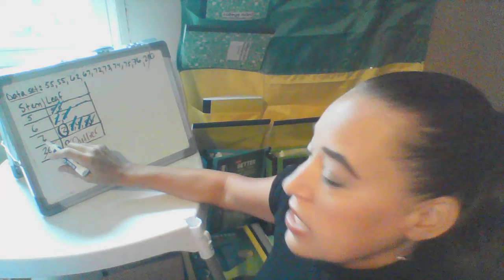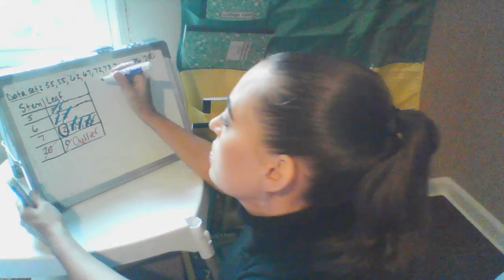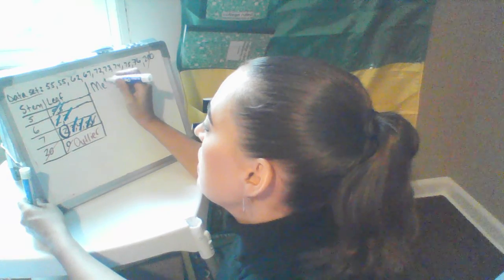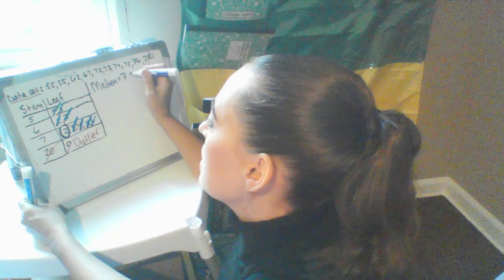Then I'm going to cross one from here and one from here, one from here and one from here, one from here and one from here. So that left me with my center of 2. But remember, this is my tens, so I know that's 72. So far I know my median equals 72.